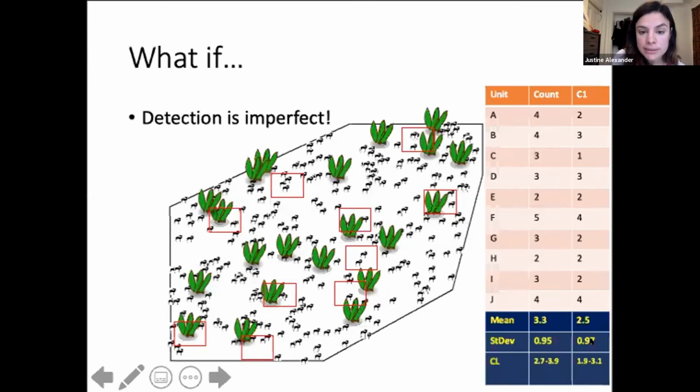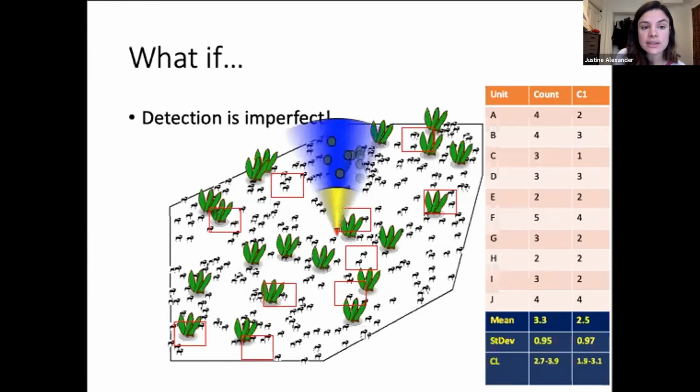But our estimate suggests 2.5 individuals per small grid. And we can calculate the standard deviation to look at this error of how wide it varies. But you can see that because we can't detect all the species, our estimate is actually off. It's actually biased. So without accounting for detection, we can bias our estimate.